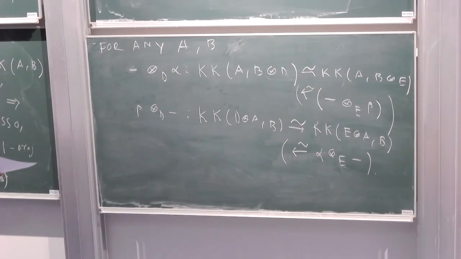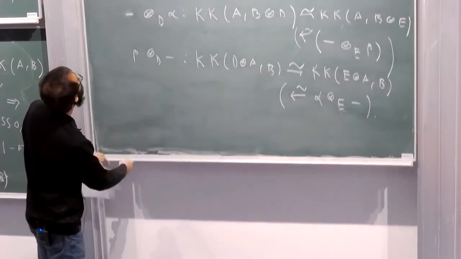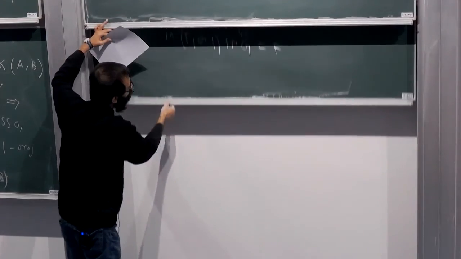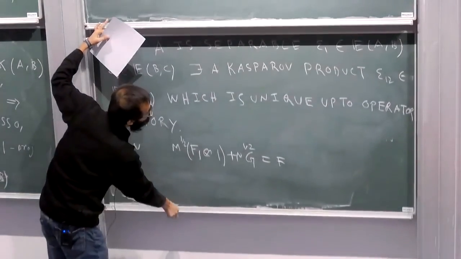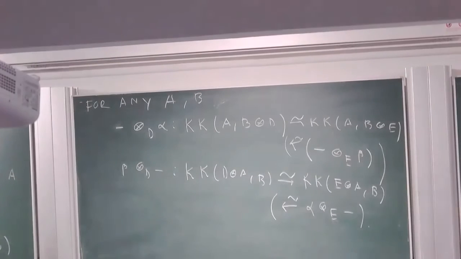When such alpha and beta exist, we call that D and E are K equivalent. Now we'll see some examples of that. The C-star algebras D and E are called K equivalent.